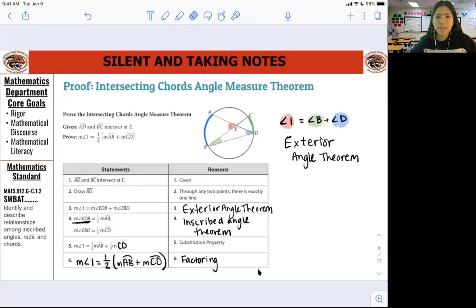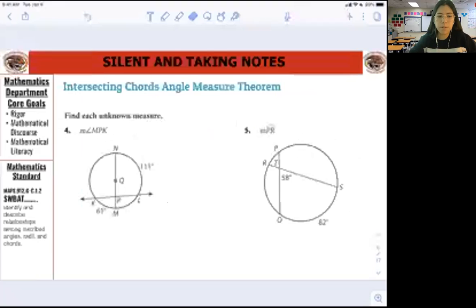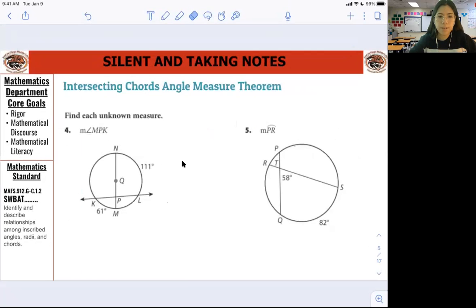Okay, all right. So continuing on now, a couple of problems to do together. Now that we have our theorem, we should be pretty capable of figuring these out. First one, find the measure of MPK. So we're finding the measure of the central angle, MPK. What do I do?